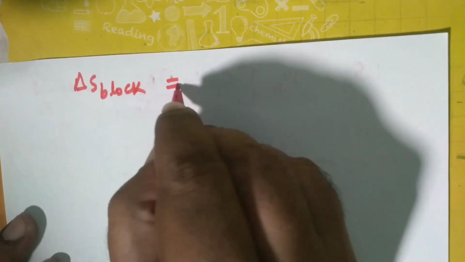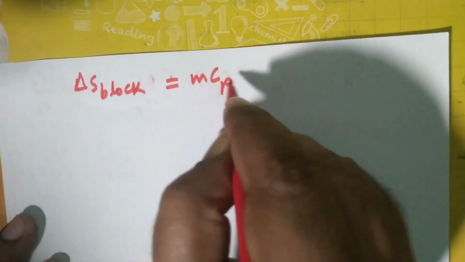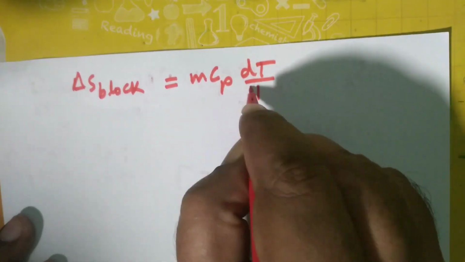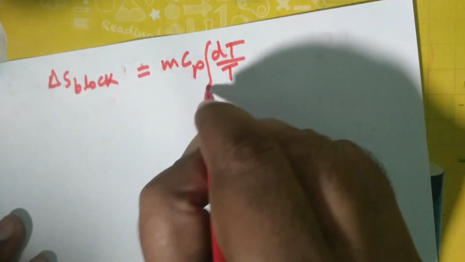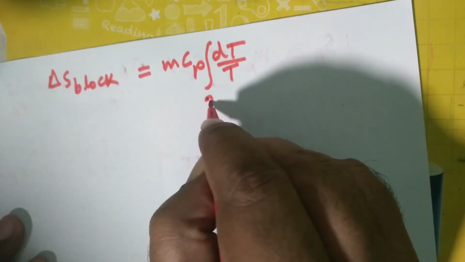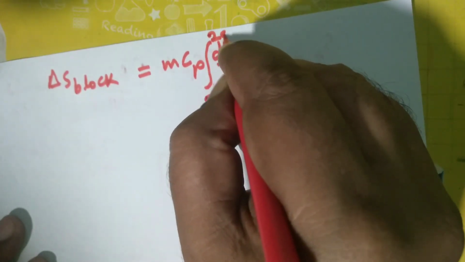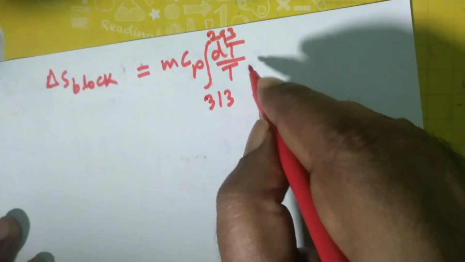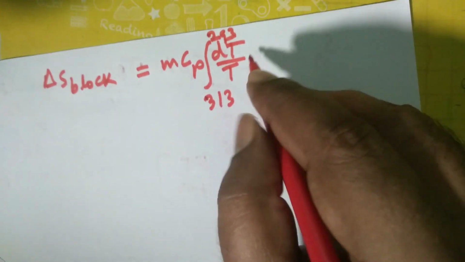Delta S of the block is nothing but the integral of m Cp dT upon T, with limits from the initial temperature of the block, 313, to the final temperature, 293, which is 20 degrees Celsius.